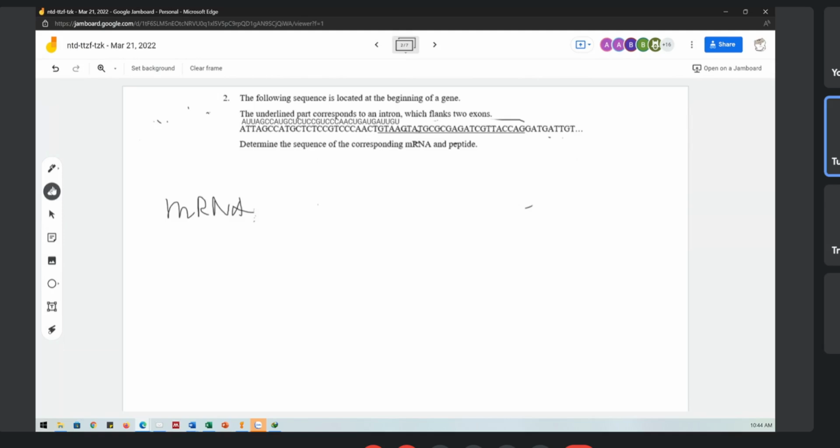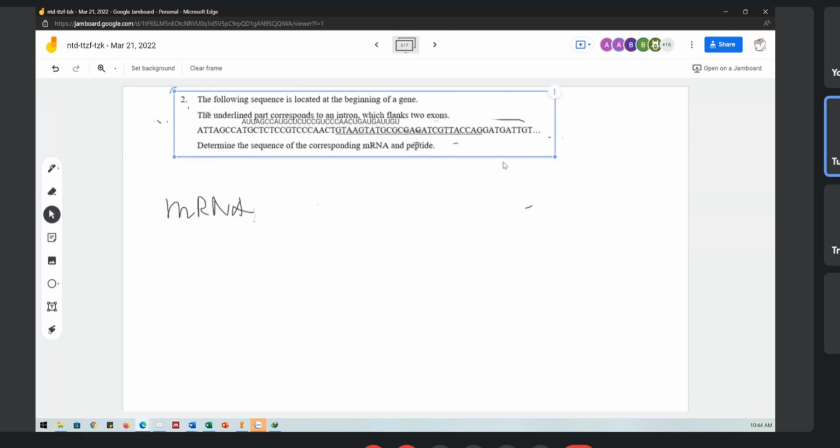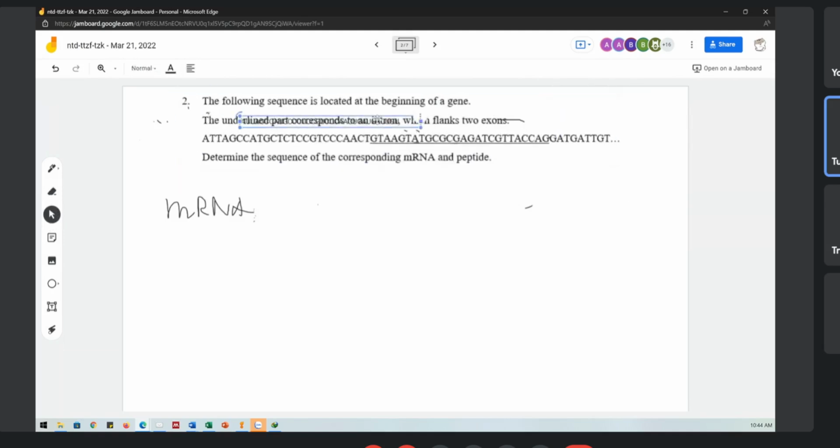So what you have to do with the exon is just replace. You see that A still keeps A, T becomes U, A, C, C, C, A, U, like that.